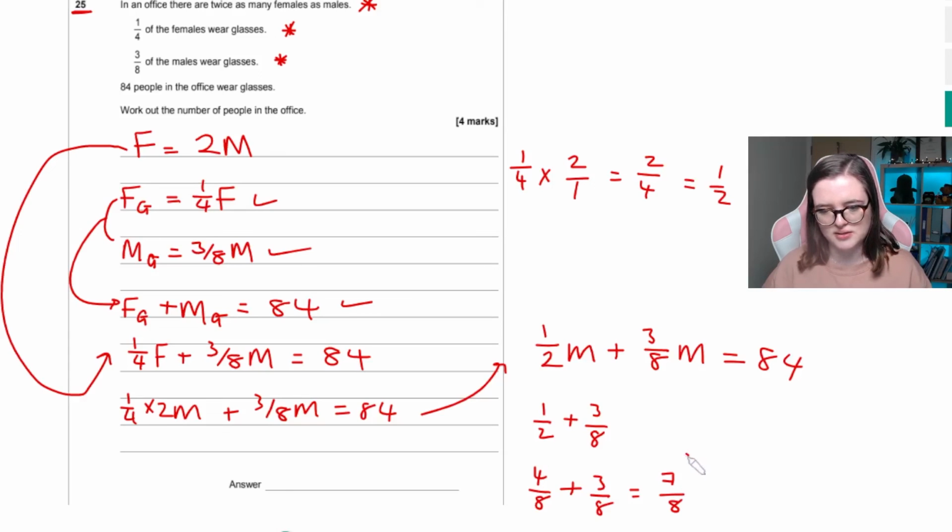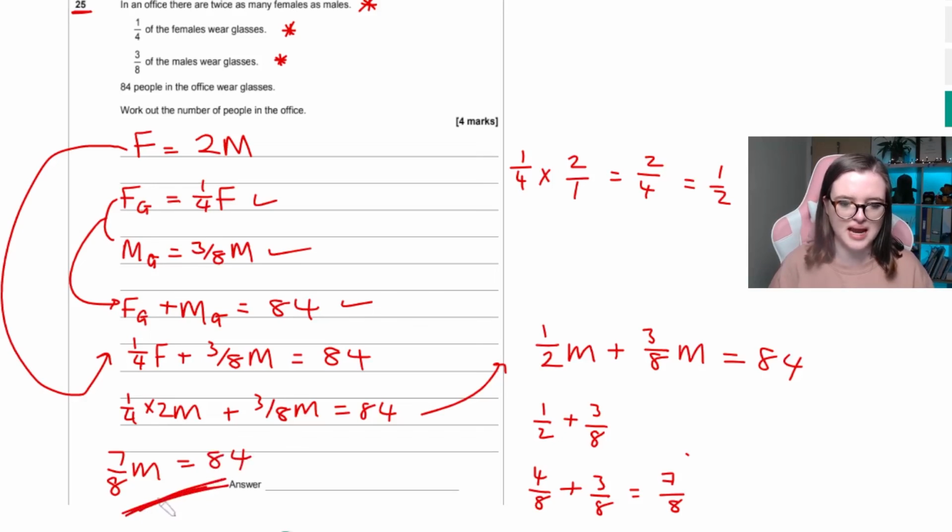So 7/8 m equals 84. To summarise, we changed all this into algebra, we put all the equations together, then we simplified the equation by adding these together to make it 7/8 m equals 84.